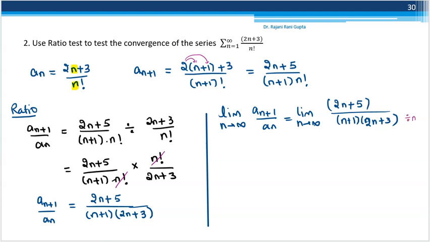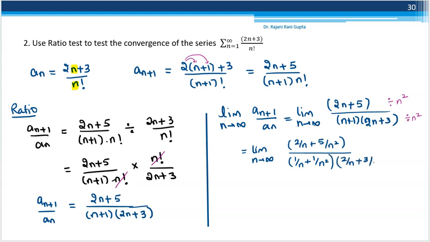So divide both by n power 2. So what will you get? Dividing by n power 2 is the same as taking n power 2 common from both numerator and denominator and cancelling it. So you will get (2/n + 5/n squared) divided by (1 + 1/n)(2 + 3/n).